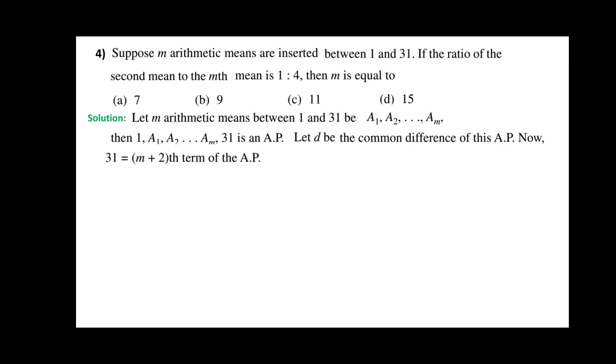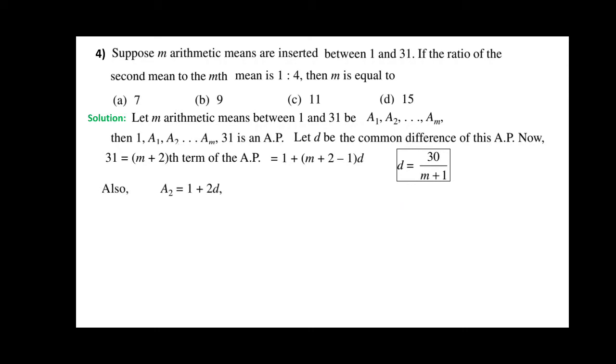We have inserted m terms, 1 is the first term and 31 is the last term, so totally we have m plus 2 terms. Therefore 31 becomes the (m plus 2)th term of this AP. Therefore we can write 31 equals 1 plus (m plus 2 minus 1) into d, which gives d is equal to 30 by (m plus 1). We will use this to find the value of m later.